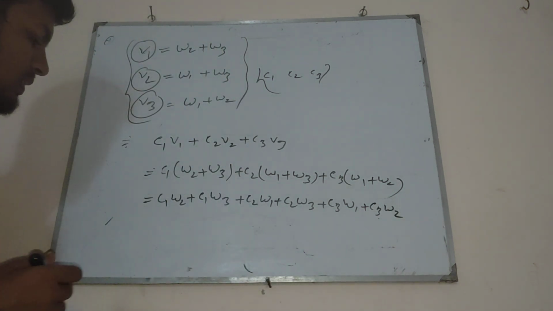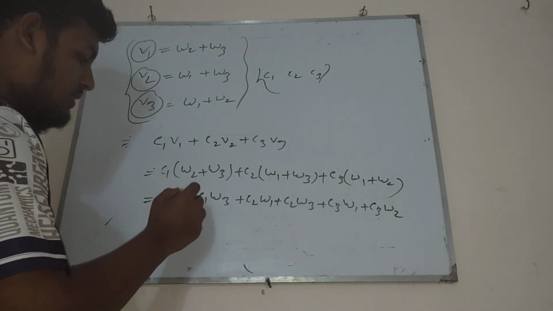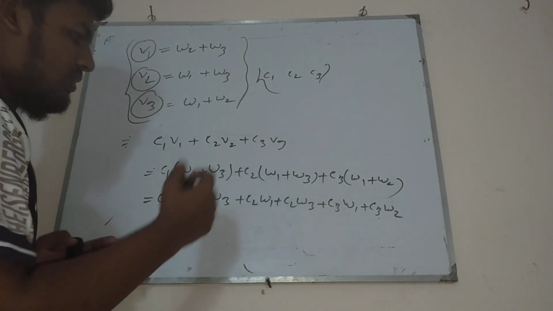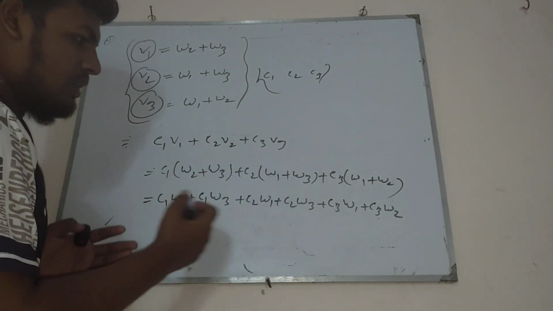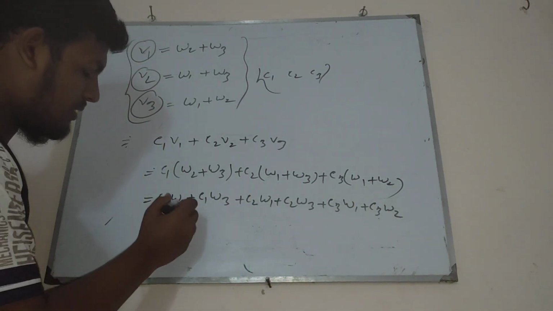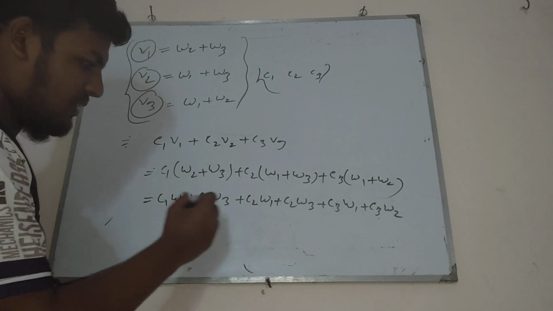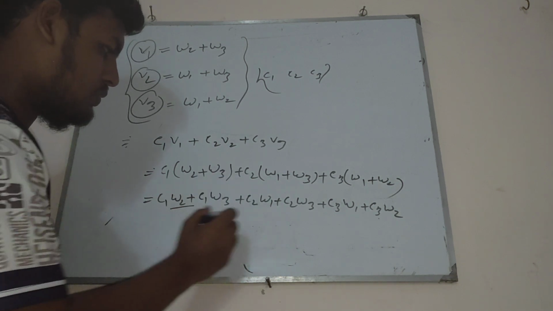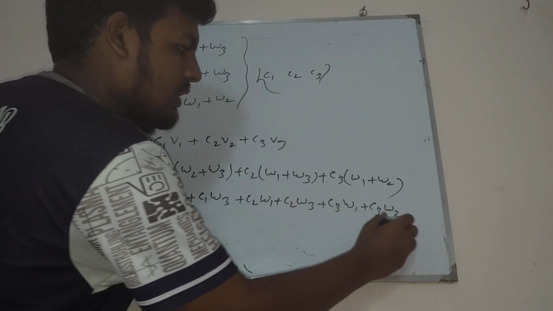Here you will see that every w1, w2, w3 is repeated, like here is w2 and also here is w2.